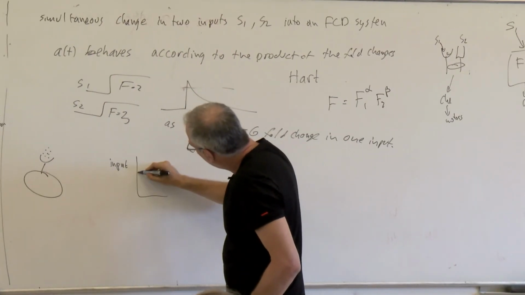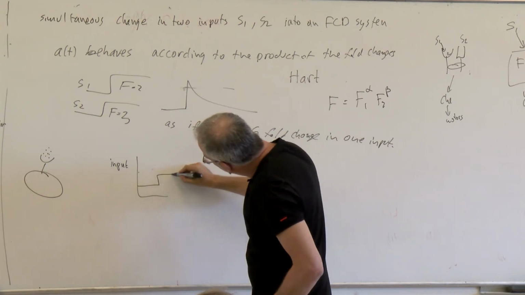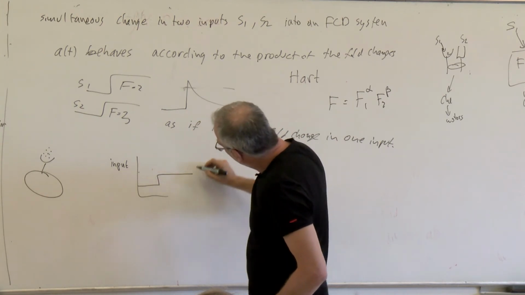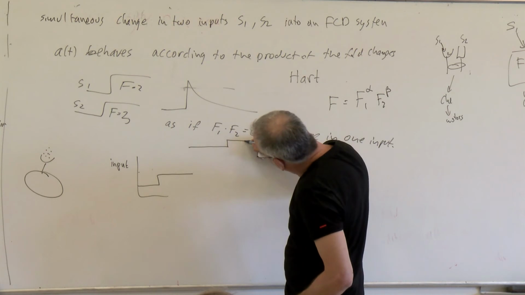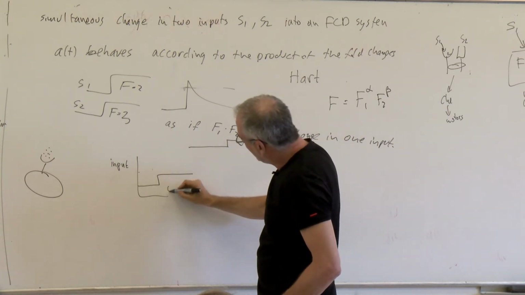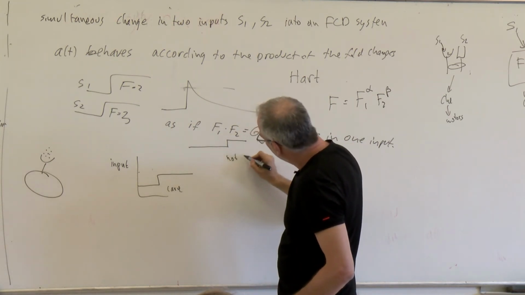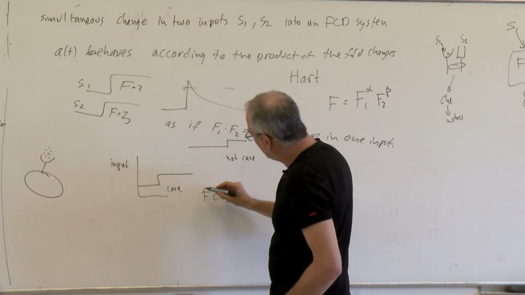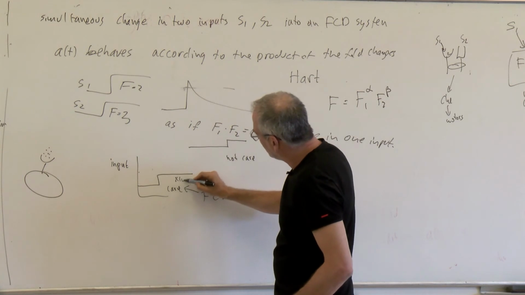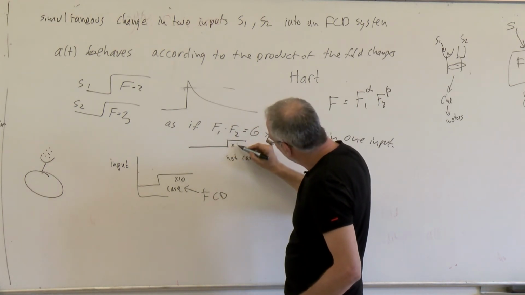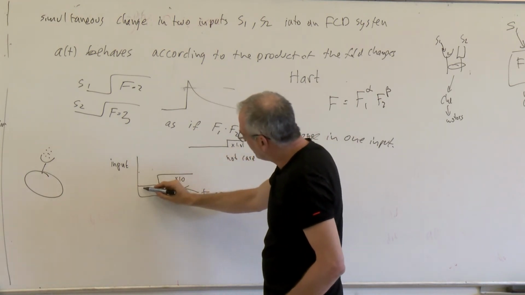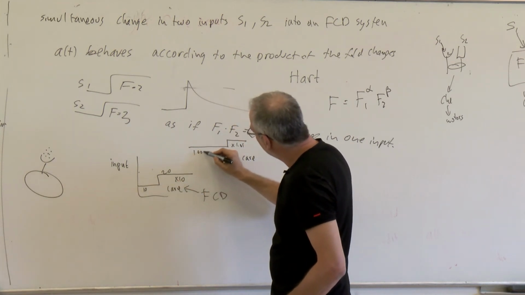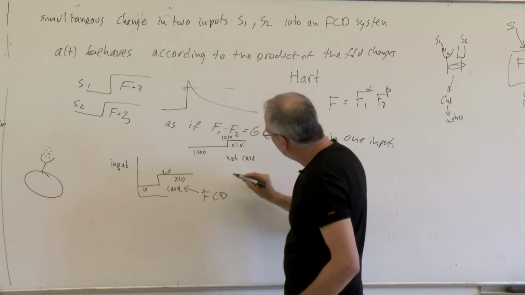So you have your input. If the input is low and you have a certain amount, or if your input is high and you have the same amount, here you should care, and here you should not care. And FCD allows you to care here because this is a tenfold, and not care here because this is a 1.01 fold, from 10 to 20, and from 1,000 to 1,010.